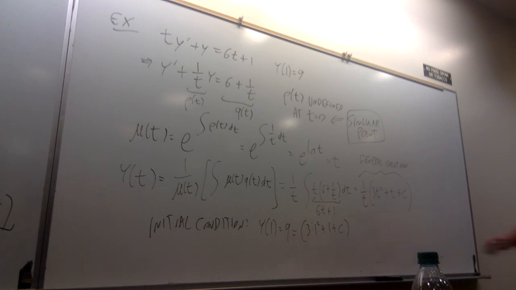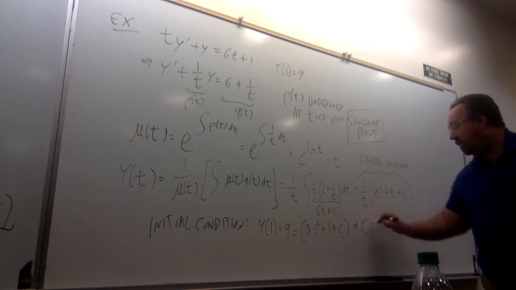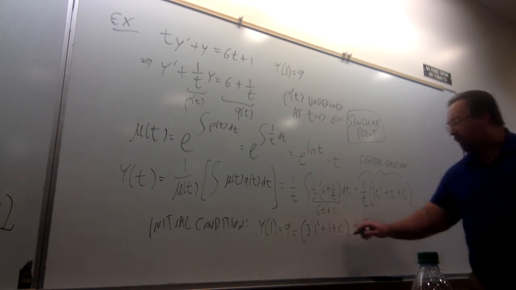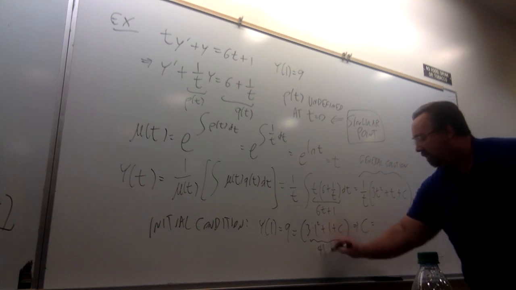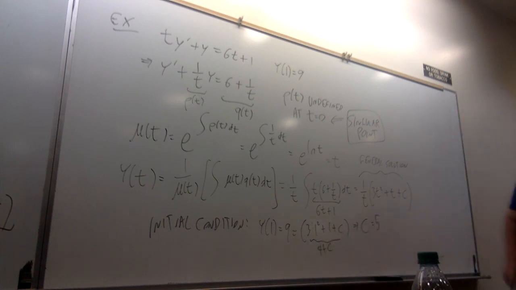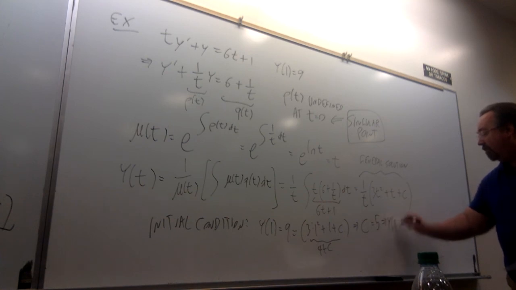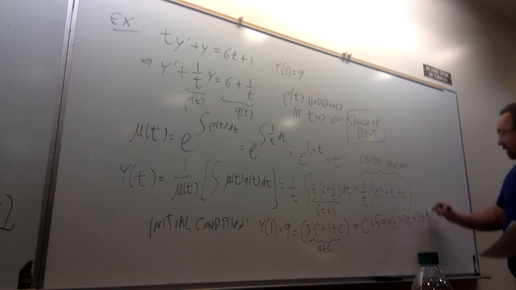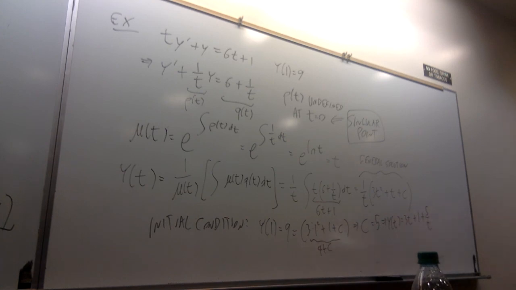Okay, so what is c? Five. Yes, 5, because I have 4 plus c. So now I can simplify this and write down a solution. So y of t, the solution to our initial value problem, is going to be 3t plus 1 plus 5 over t. Okay.